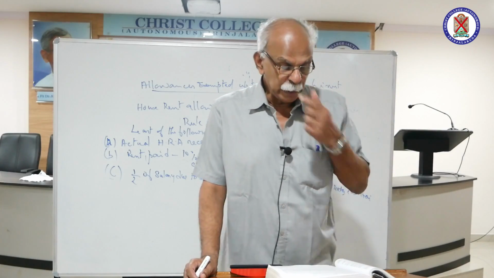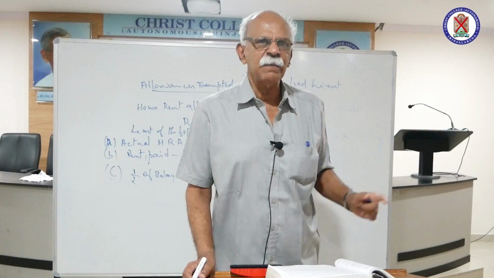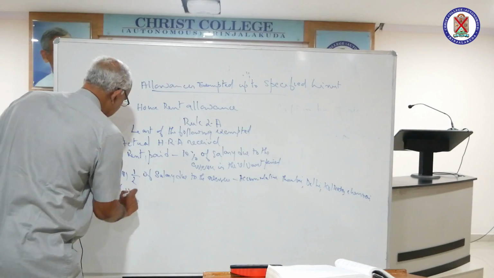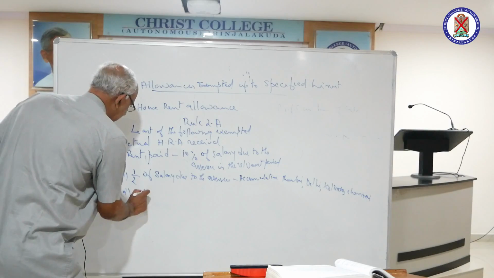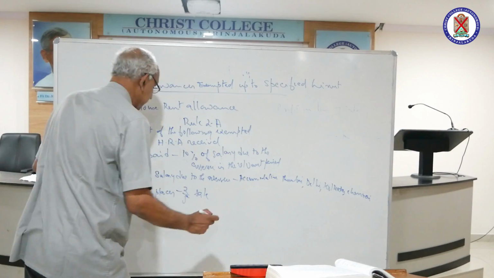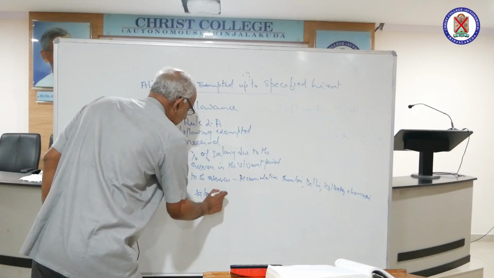Then, if the accommodation is at other places, 2/5 of salary due to the assessee.